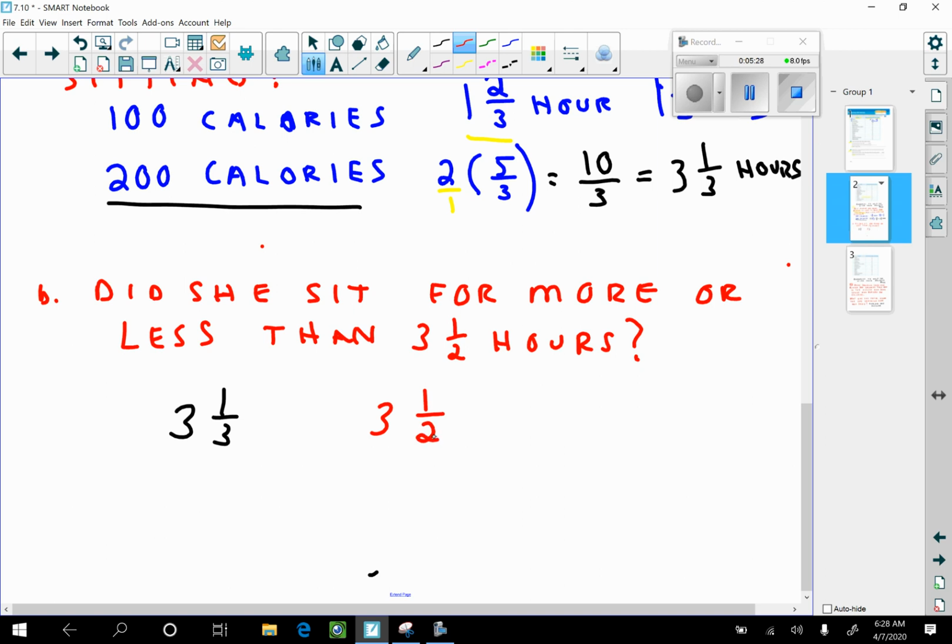Well, what I really need to do is compare 1/3 to 1/2. And we know that 1/2 is more than 1/3.